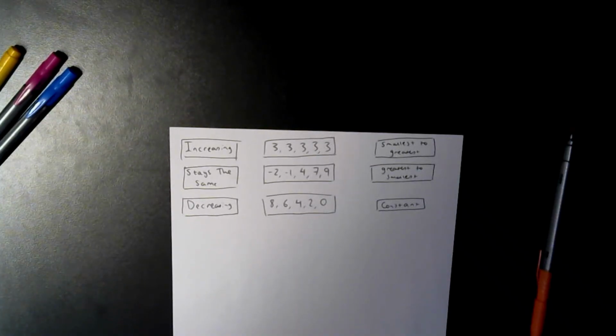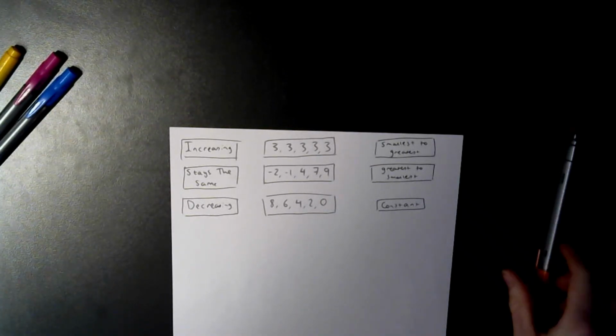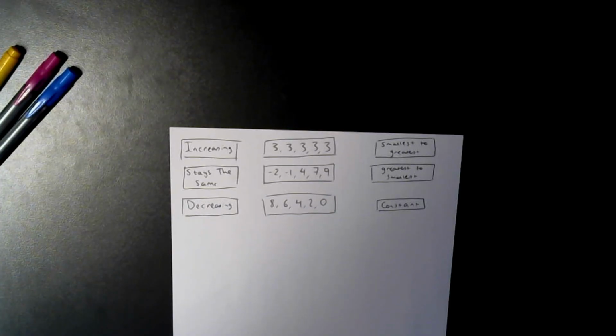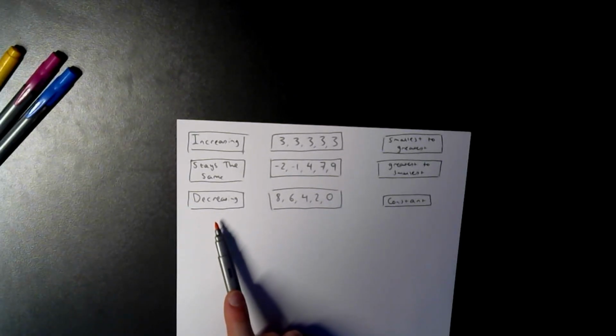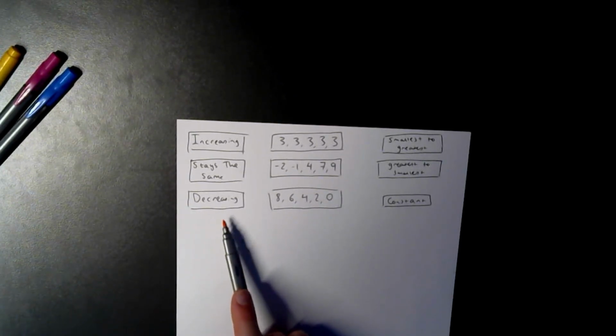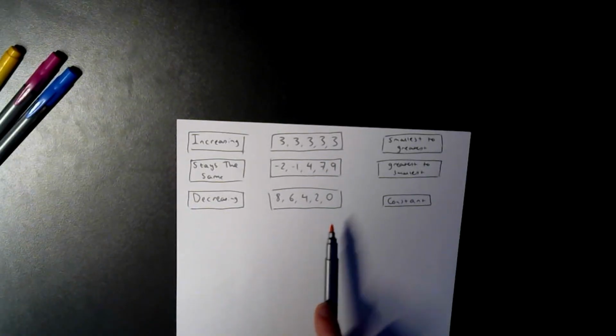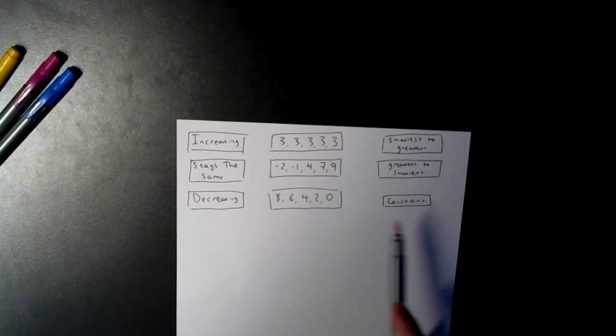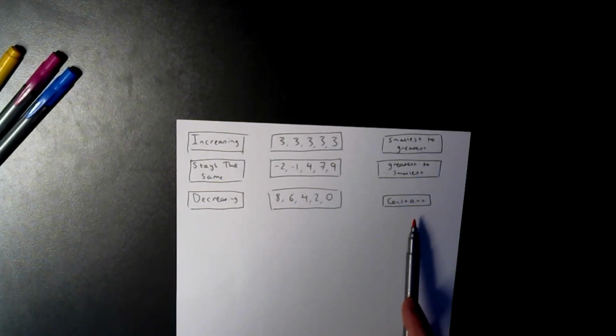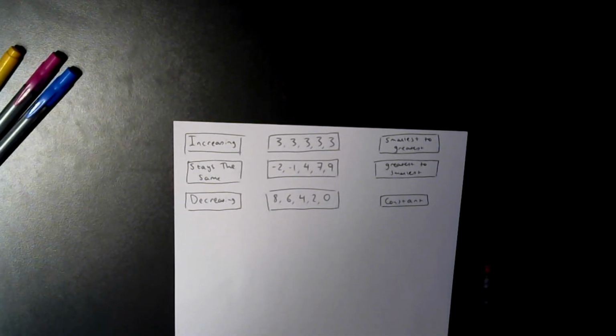So just to recap on what we've done in this video, I've got one last exercise, which is to match up the boxes here. So we've got one column which says these words: increasing, stays the same, decreasing. We've got one column which is some lists of numbers, and we've got one column which describes how those lists of numbers are arranged.